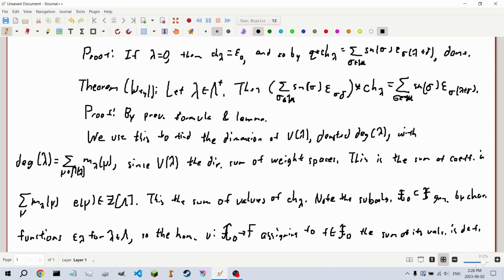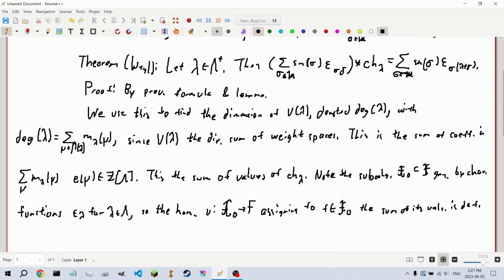But apply it to an alternating sum, which is our sum of sign sigma epsilon sigma delta. We saw that for sigma in the Weyl group, since this is an alternating sum, v is just going to give 0. So we have to take a more indirect route.